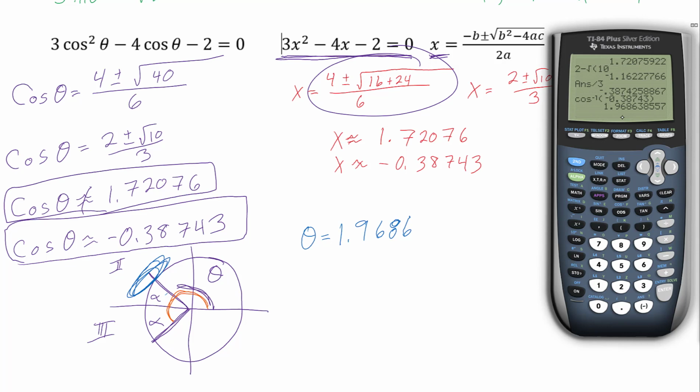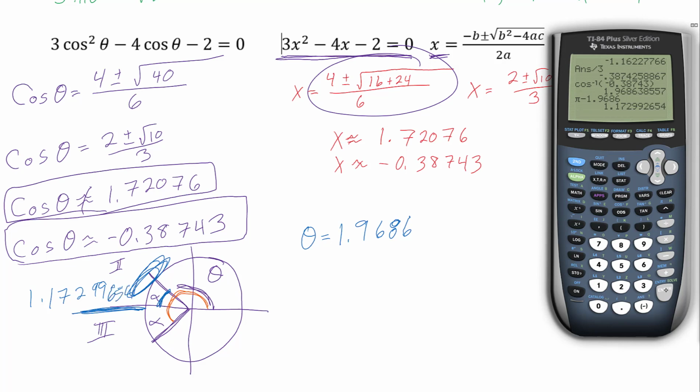To figure out what my reference angle is, I need to take a half circle, which is pi, and subtract off the 1.9686. So pi minus 1.9686. It gives me a reference angle over here. This alpha is 1.172992654.